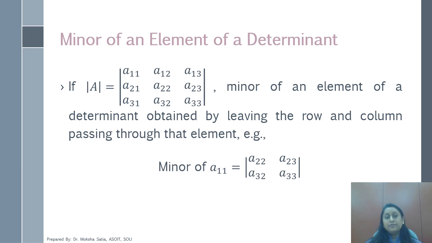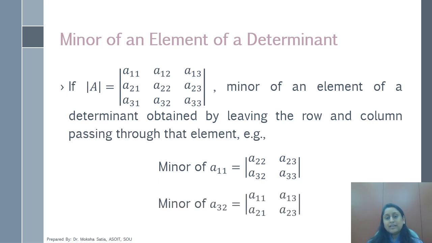Now I will be left with the 2 by 2 matrix, which is A22, A23, A32 and A33. Finding the determinant of this gives the minor of this element. This is not limited to one element; I can find the minor of each and every element.